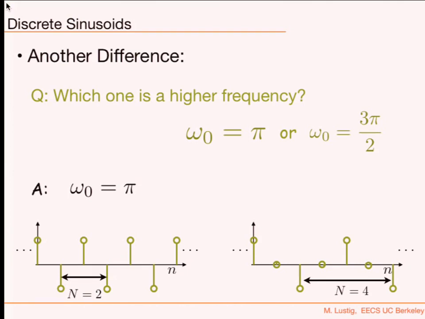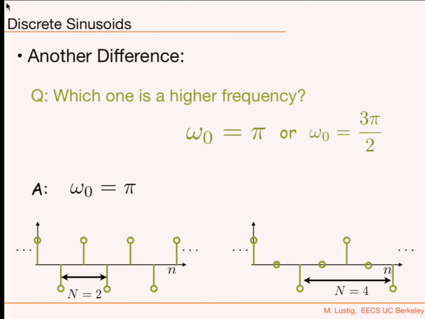Things that oscillate between plus and minus all the time. Remember that, just for intuition, it's the highest frequency that you can represent. If it doesn't do that, and it takes more than that to go between negative and positive, then that means it's a lower frequency. Either you get aliasing or it's just a lower frequency by itself.